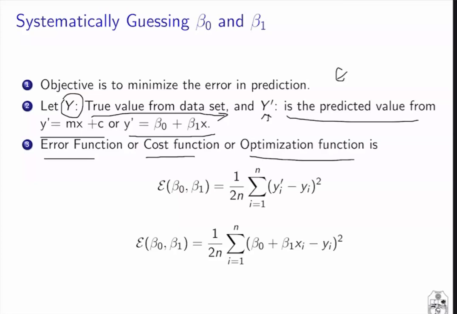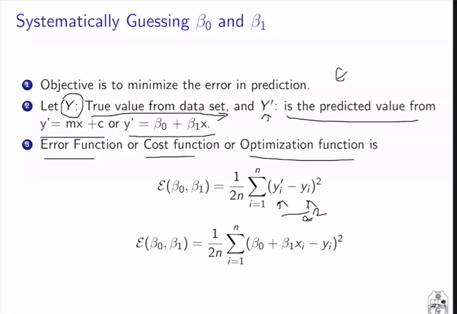This error function is defined by this equation. This is similar to the earlier error function that we have used, but we have made it somewhat convenient. So this is our predicted value, this is the true value, and this difference is nothing but the error, and this is the error square.